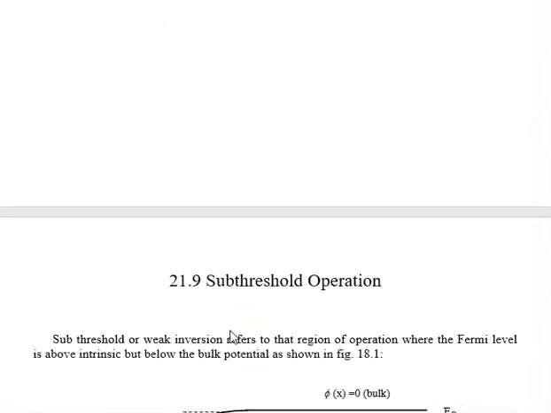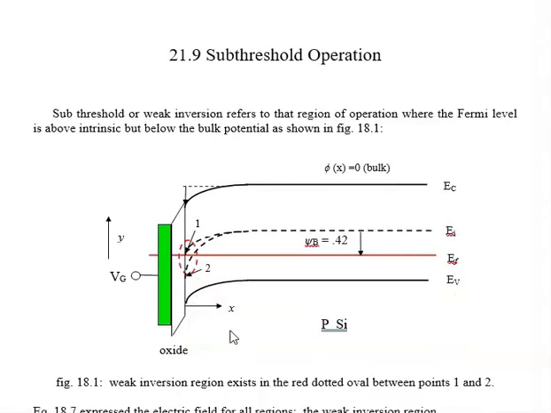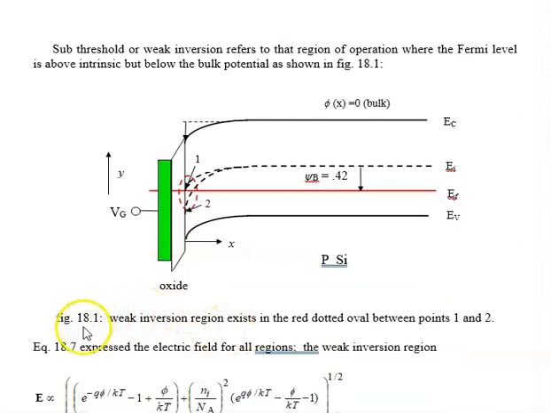Okay, so let's get started on subthreshold operation. This is a reprint from chapter 18, which discussed the MOSFET and weak inversion from an energy band diagram standpoint.